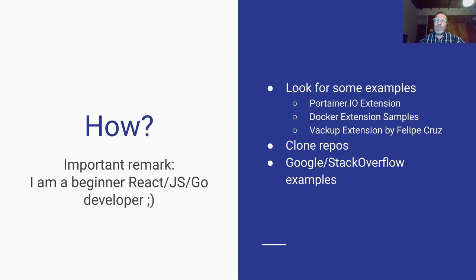So with these three projects, I cloned the repos and started replicating the functionality in my extension. If I need more information, I go to Google or Stack Overflow to see more examples.